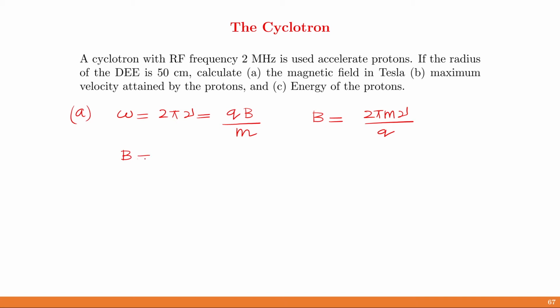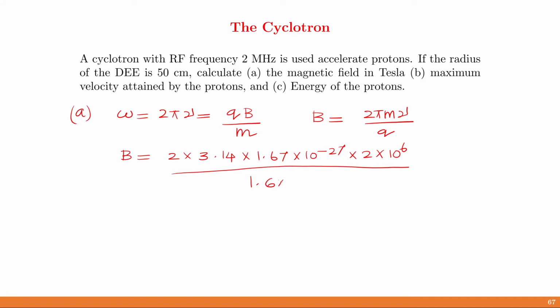Hence B is equal to 2 times 3.14 times 1.67 times 10 raised to minus 27 times 2 times 10 raised to 6 over 1.6 times 10 raised to minus 19. So this is equal to 0.131 Tesla.